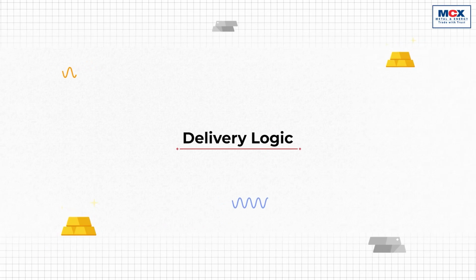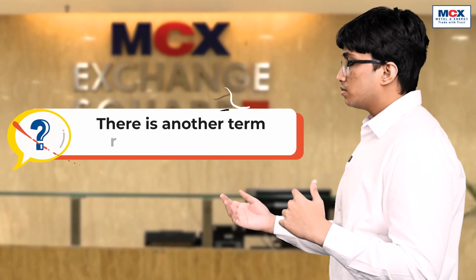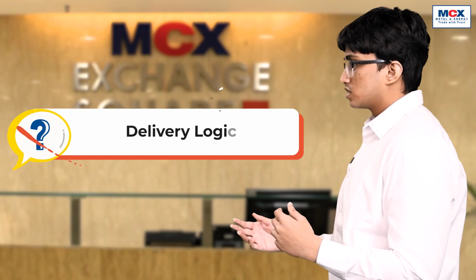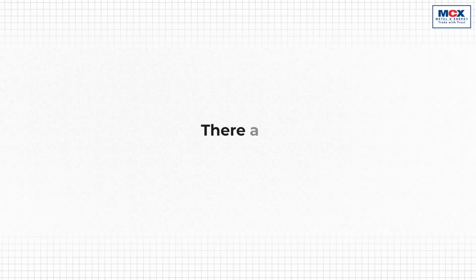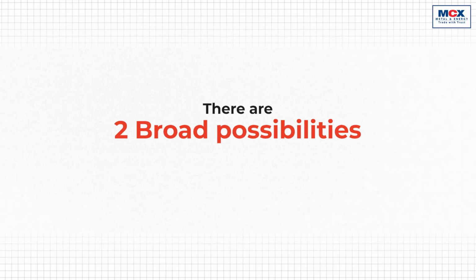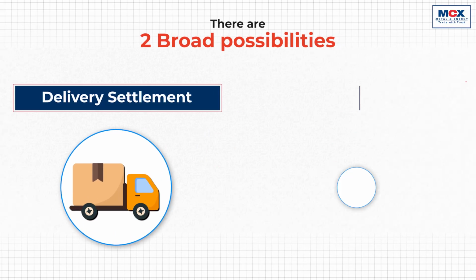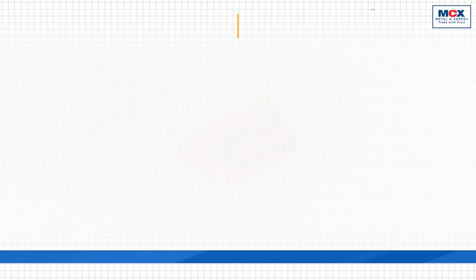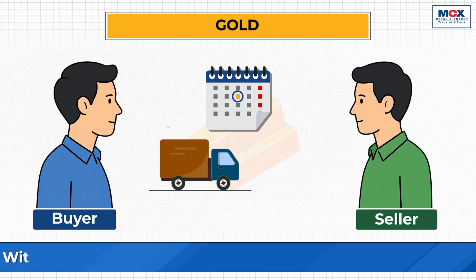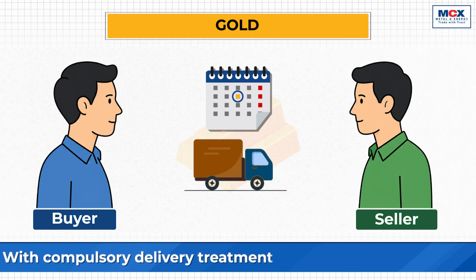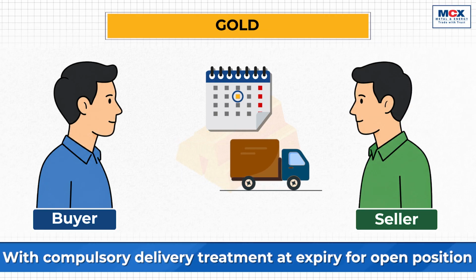Delivery logic. There is another term related to delivery logic. What is that? This means how the contract is finally settled at expiry. There are two broad possibilities: delivery settlement and cash settlement. Gold is effectively a delivery-oriented contract with compulsory delivery treatment at expiry for open positions.